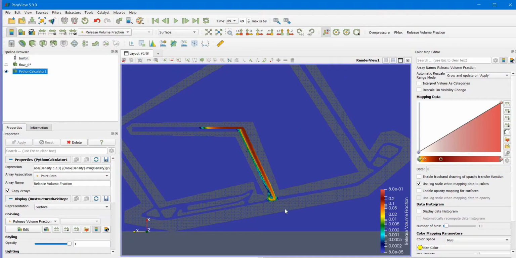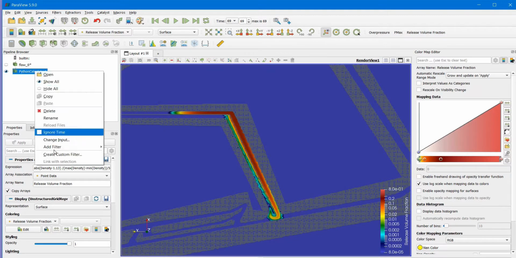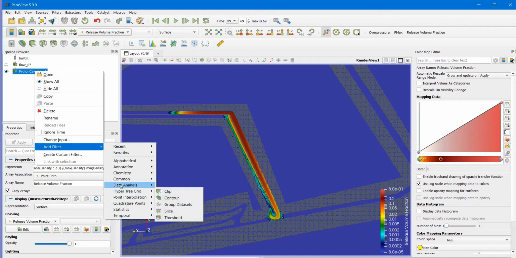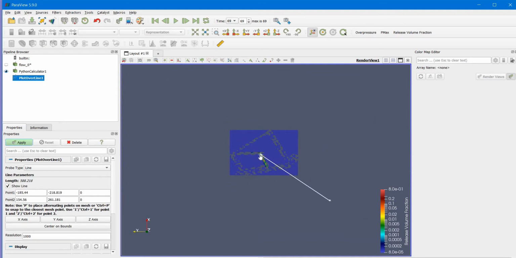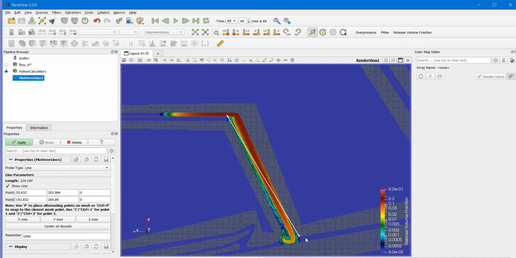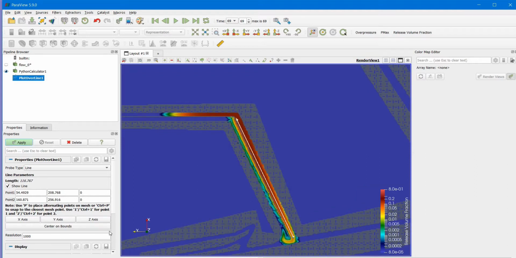Okay, we've loaded the results of the dispersion, and you can see the accumulation of the methane here. We'd like to take a look at the results in a little bit more detail, so I'm going to plot the release concentration over a line and just adjust it so that we can see. Sometimes these lines can become non-zero.